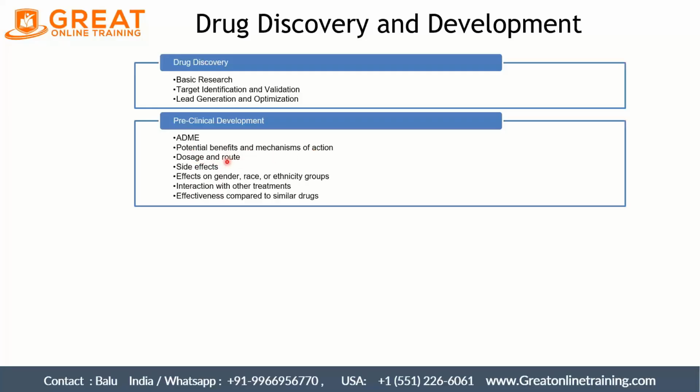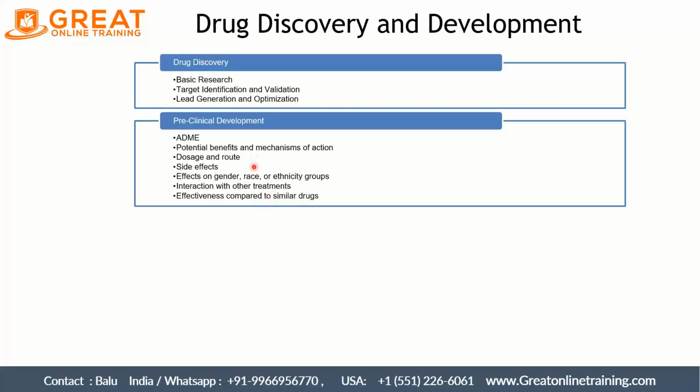Dosage and the routes, the best dosage and the best route will be identified, and the possible side effects with that study medication, and effects on gender, race, or ethnicity groups, interaction with other treatments, and effectiveness compared to similar drugs.